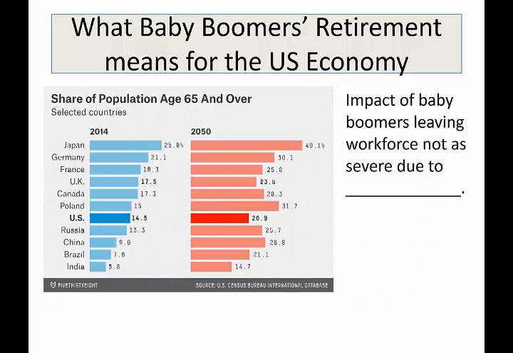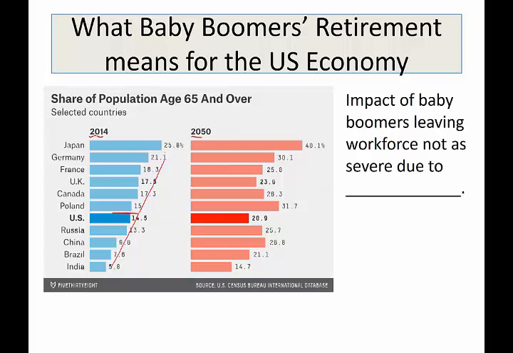So again, you can see this is the share of the population age 65 and over, and now we're comparing other countries. So here's 2014 and here's 2015. So one thing you can see from this diagram is that all populations are aging in all countries. Which country has the most extreme aging?